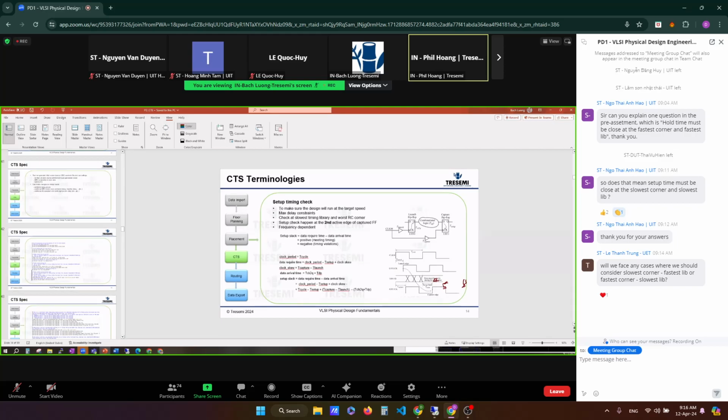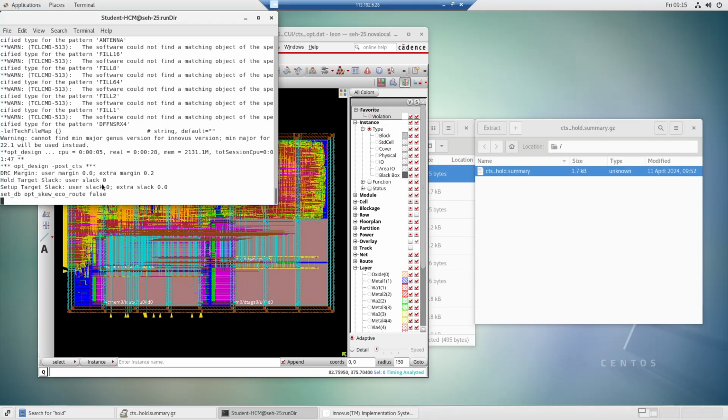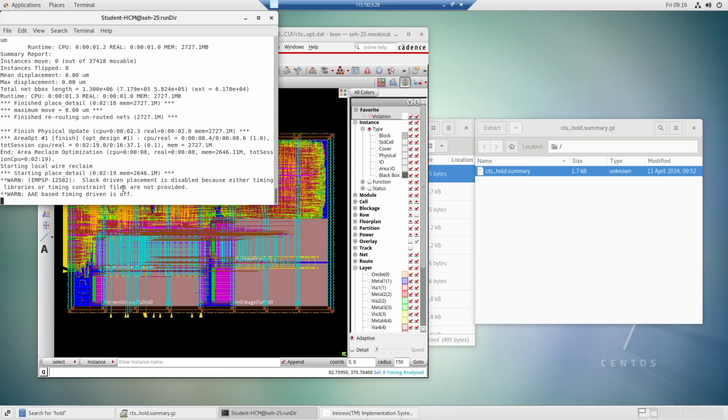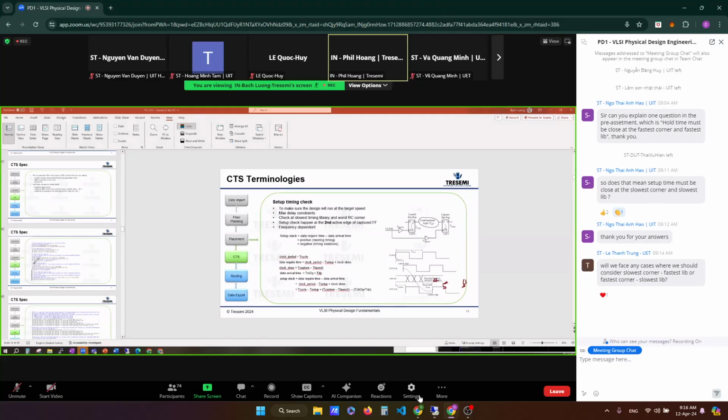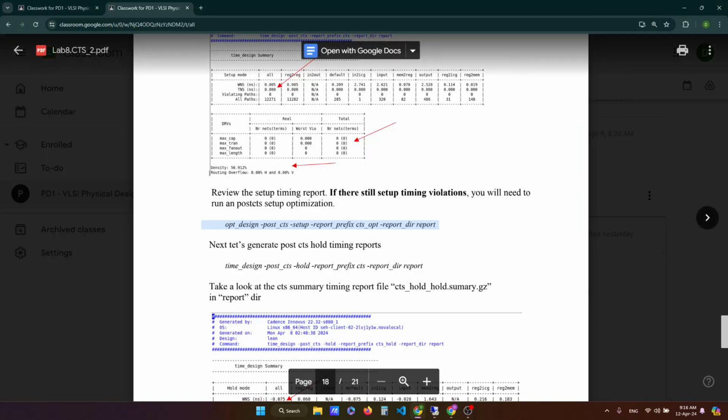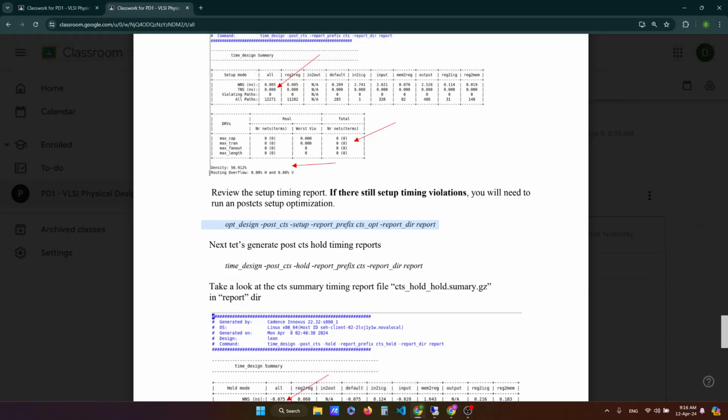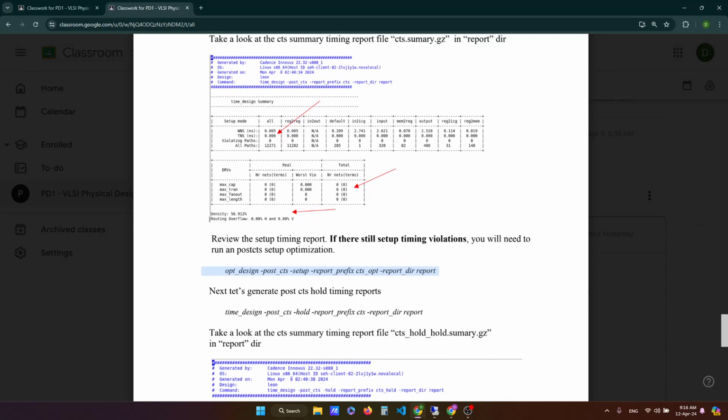For example, during optimization you have 4 analysis views: functional fast and functional slow, test fast and test slow. So you optimize at those 4 corners, but when you sign off, you will turn on 34 corners, 120 corners, depending on what you're running.